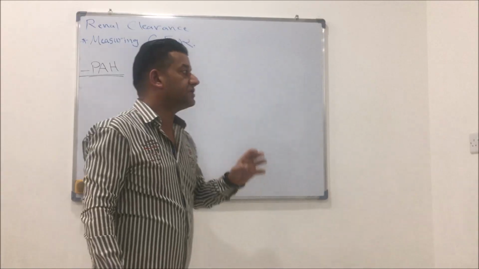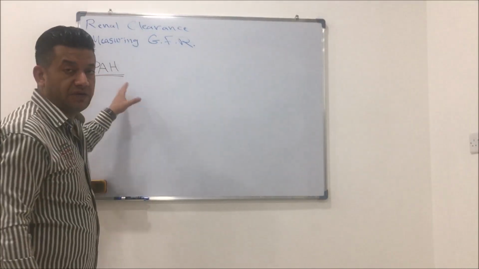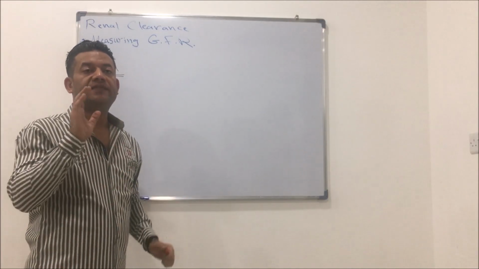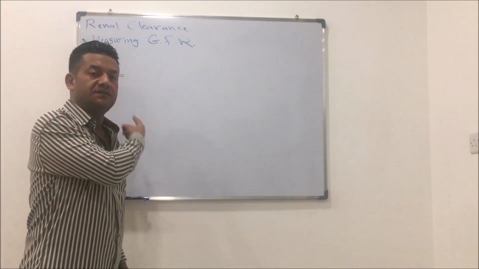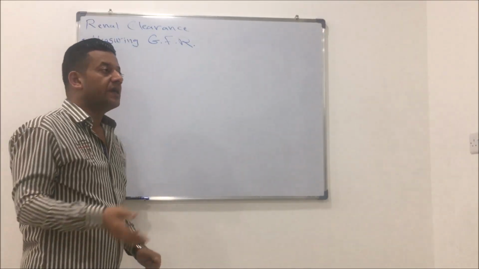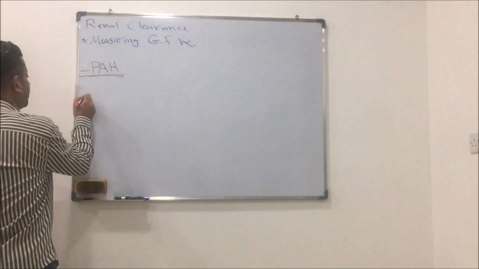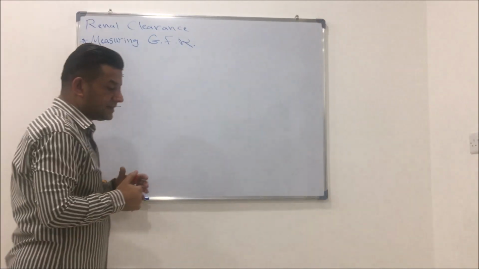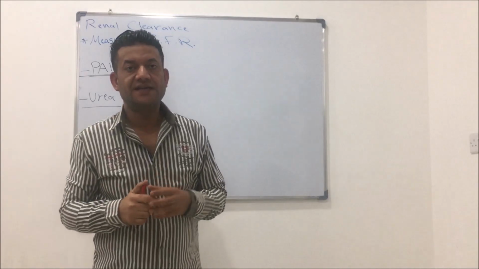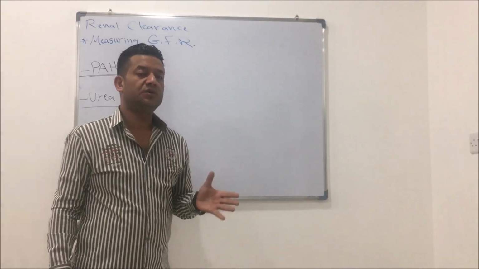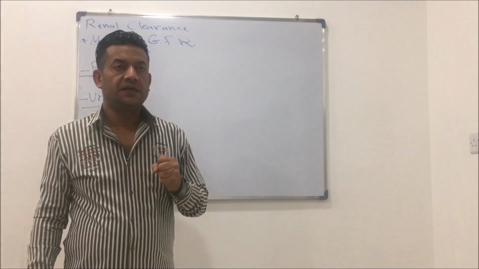Why? Because PAH is secreted by renal tubules, so the renal clearance of this substance is greater than the glomerular filtration rate. Another example is urea. The renal clearance of urea is less than the GFR. Why is that? Because urea is reabsorbed by renal tubules.